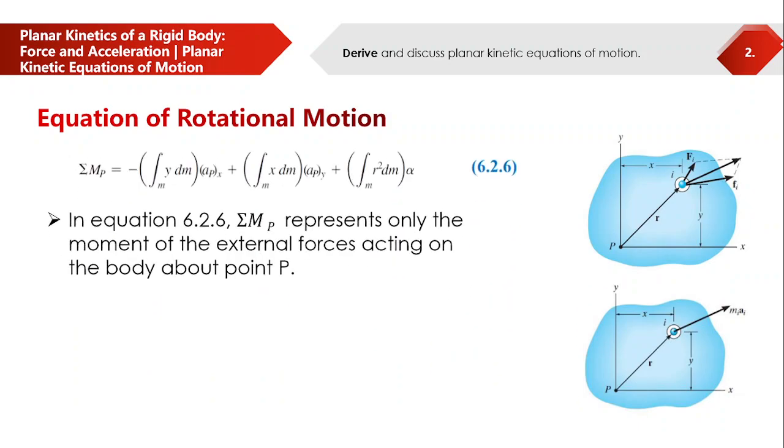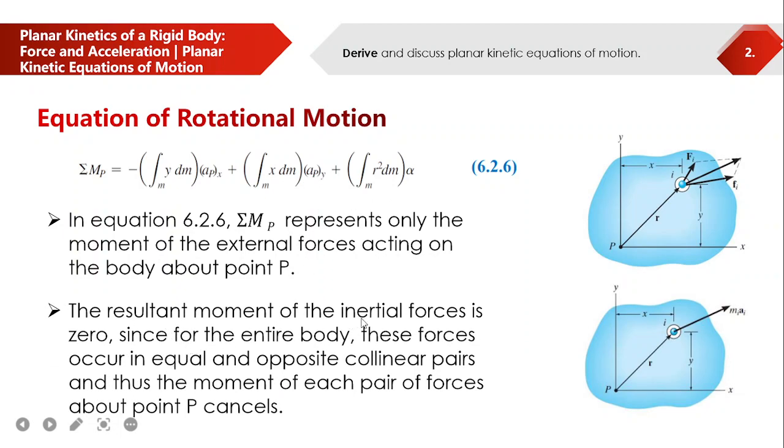So, in equation 6.2.6, the summation of the moment at point P represents only the moment of external forces acting on the body about point P. So these are the moments of the external forces, the three terms.